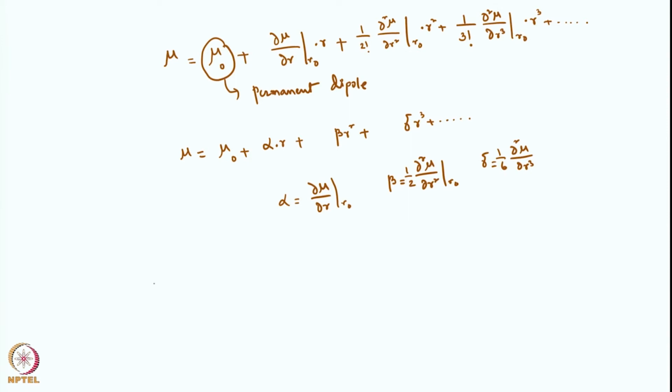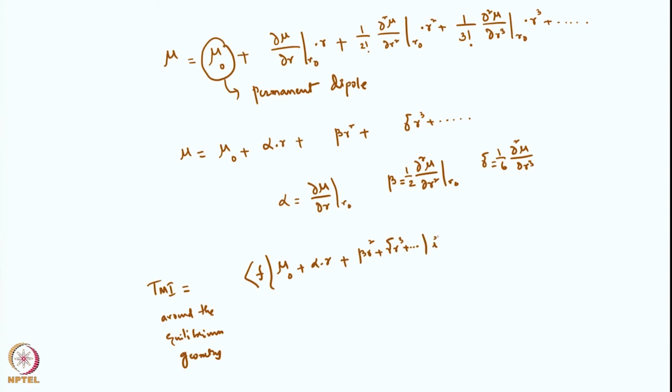Therefore, your TMI around the equilibrium geometry is given by F times mu naught plus alpha r plus beta r square plus gamma r cube, etc. So, this is the transition moment that we need to evaluate.